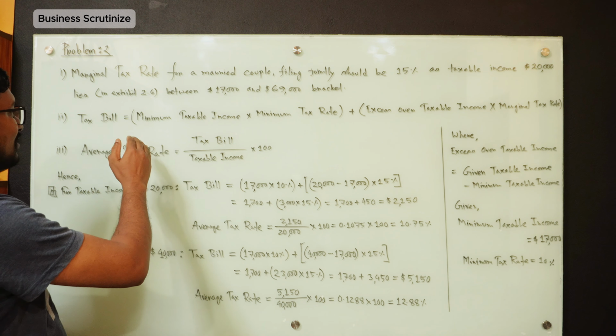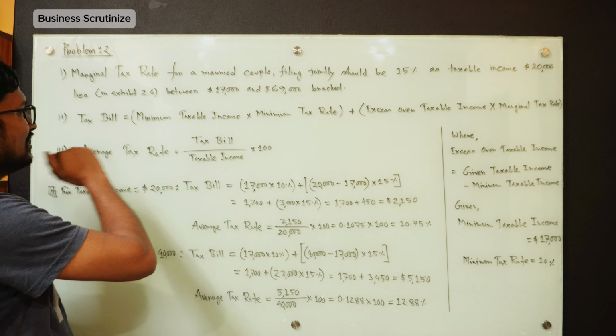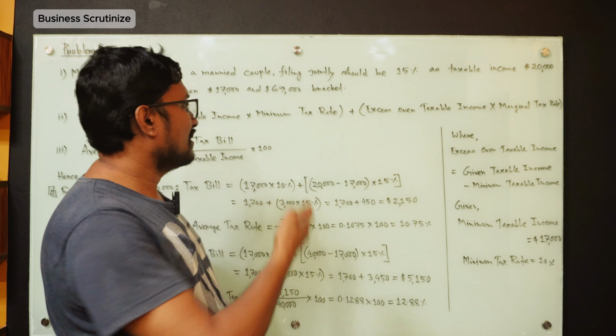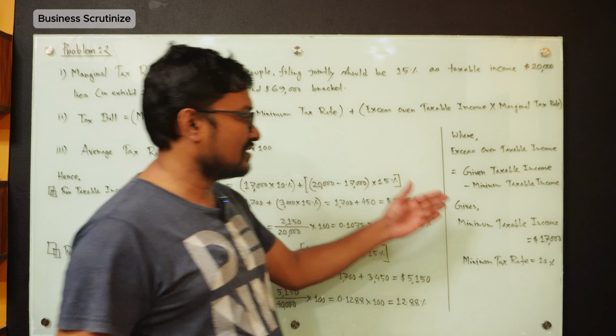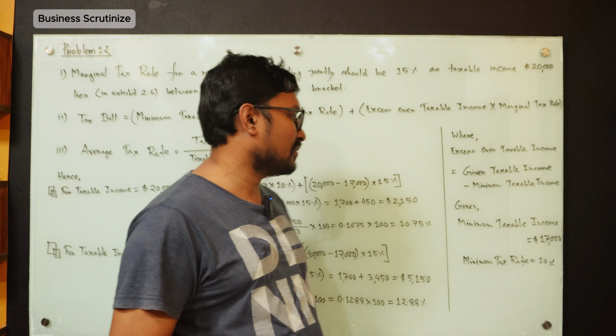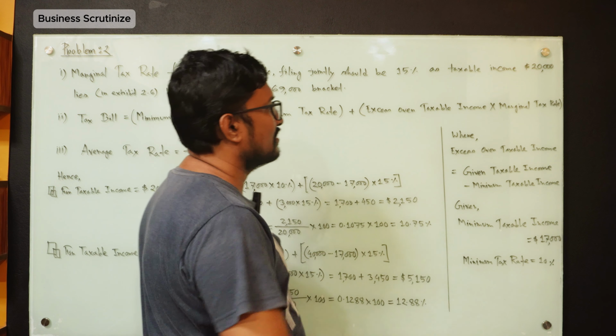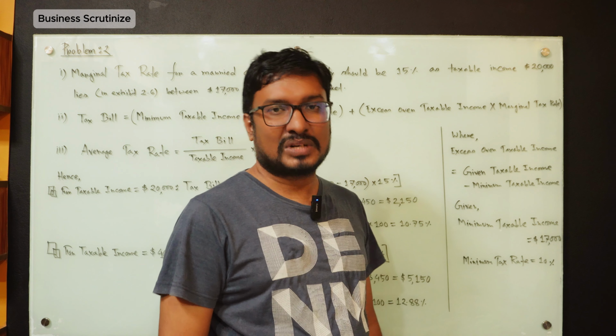If we want to find the total amount of tax bill, the formula is the minimum taxable income multiplied by the minimum tax rate, which is given in Exhibit 2.6, plus the excess over taxable income multiplied by the marginal tax rate.